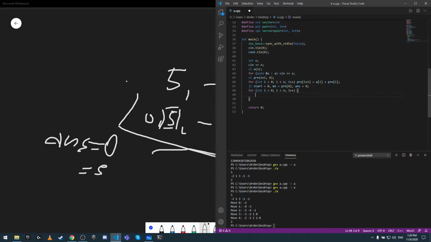Okay, so now ans equals max of ans and start plus maximum, pre of i plus 1, I guess.